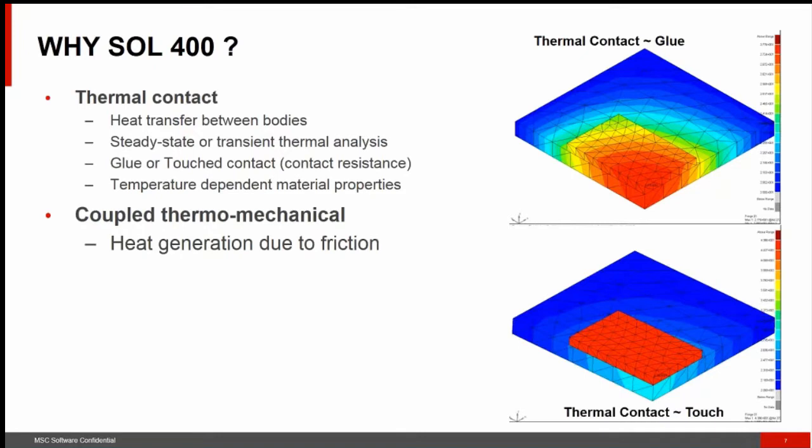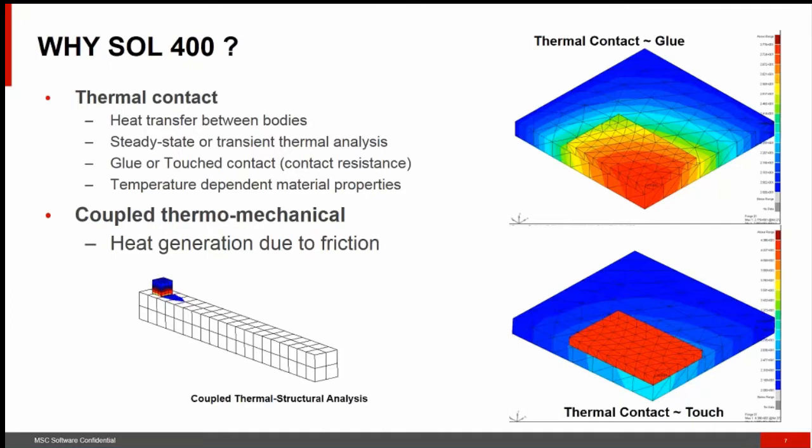Another option that's available in solution 400 is the coupled thermal-mechanical structural analysis. This multi-physics analysis allows the temperatures to be passed at each increment to the subsequent structural analysis. And this is much, much faster when done in solution 400 in comparison to solution 101.